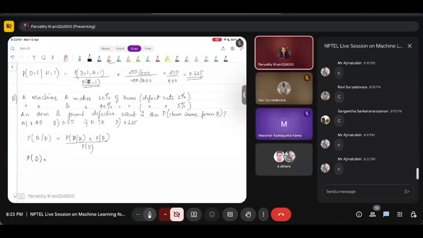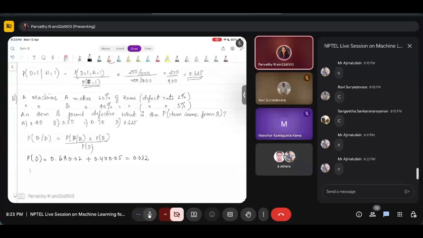Probability of D is equal to 60% of the items have a defective rate of 2%. So that means 0.6 into 0.02 plus 40% have 5%. So 0.4 into 0.05. So that is about 0.032.